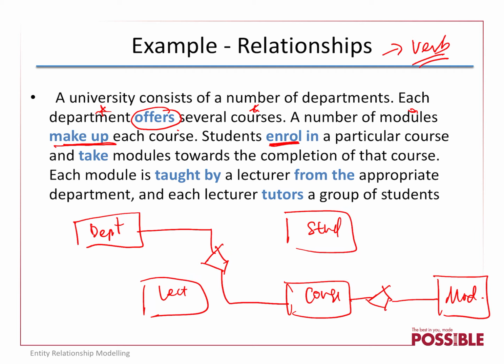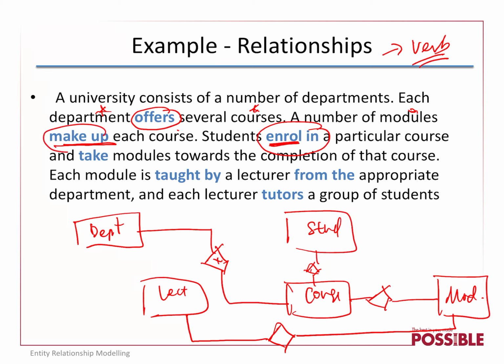Take modules toward completion. It means that students enroll in a course, and the course takes the module, because course has a link with module already. Each module is taught by a lecturer. You have to write down the name of the relationship, but my diagram is so small I cannot write it.